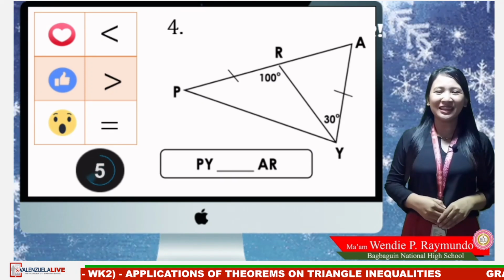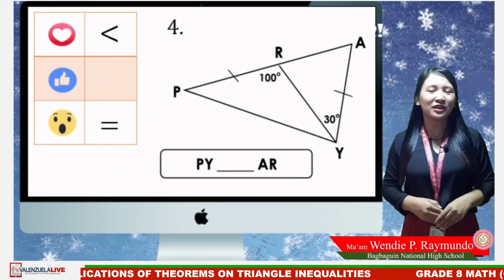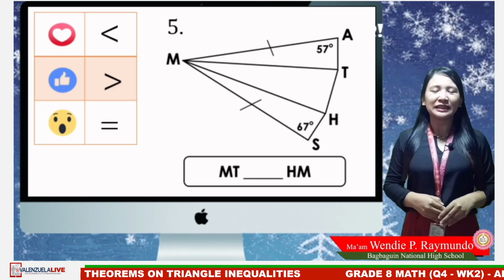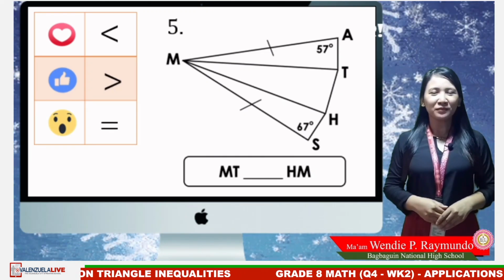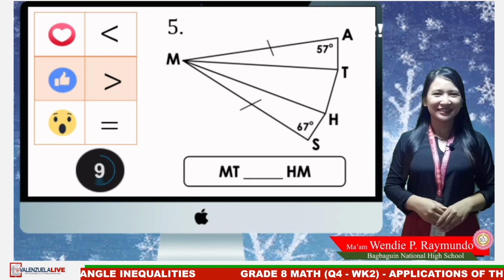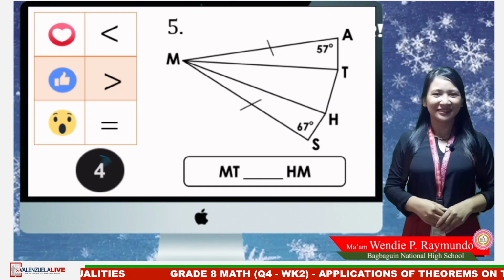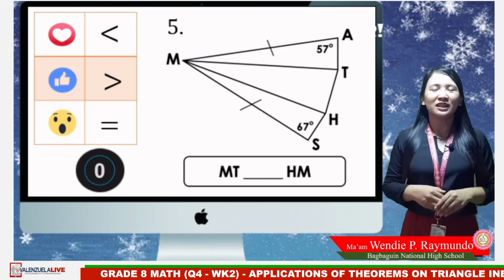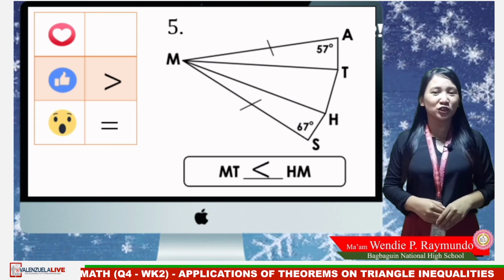And the answer is like. PY is greater than AR. Number 5. Side MT is blank to side HM. And the correct answer is love. MT is less than HM.